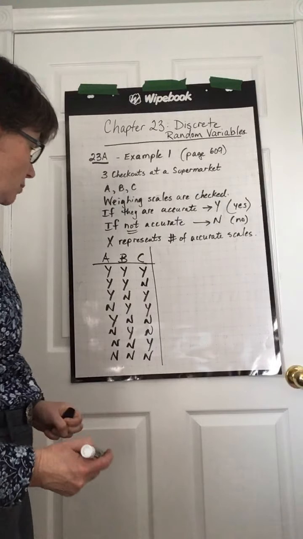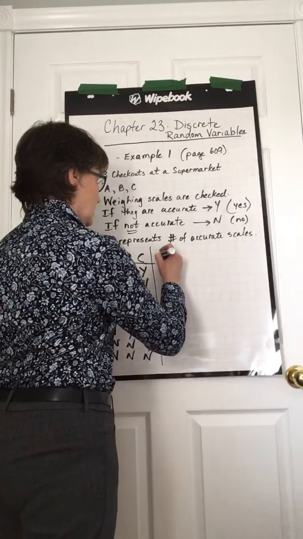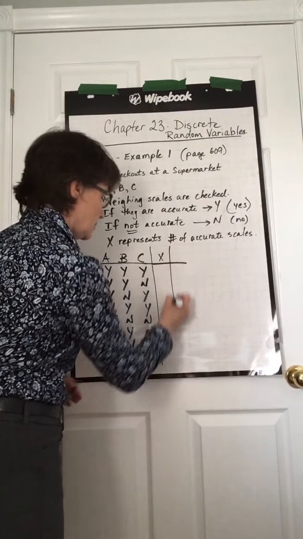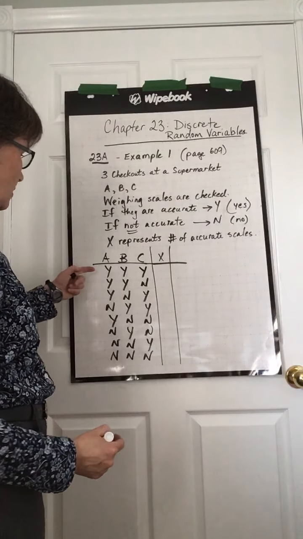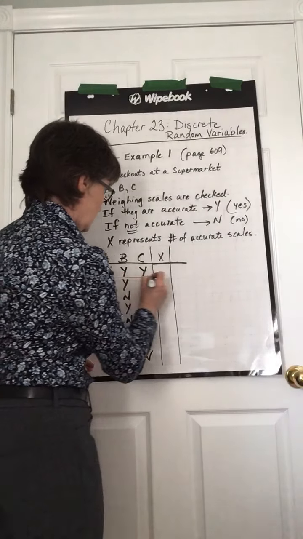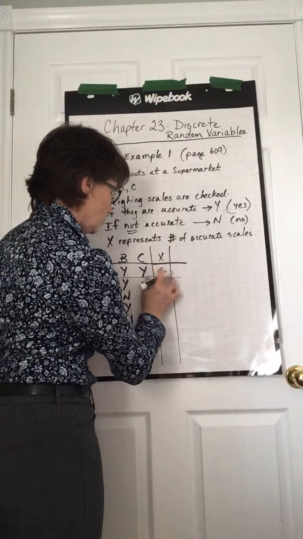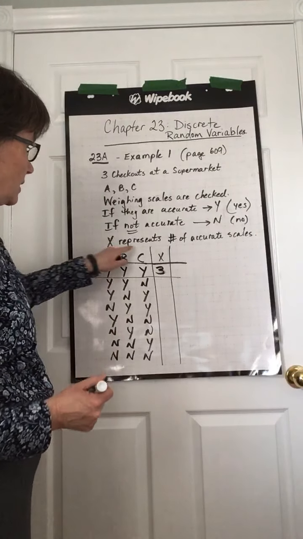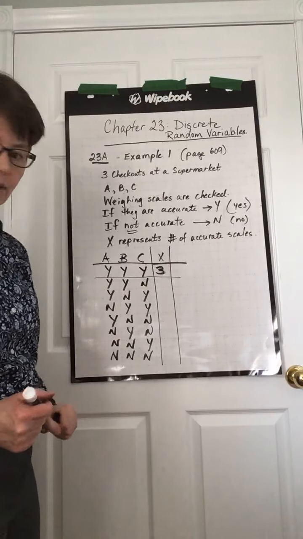Now, if we think about what the random variable X is here, in each of these situations, X represents the number of accurate scales.